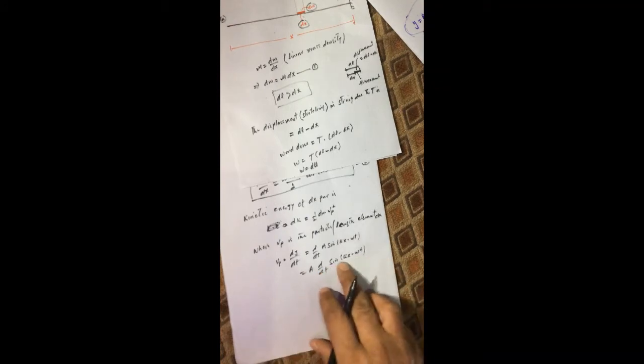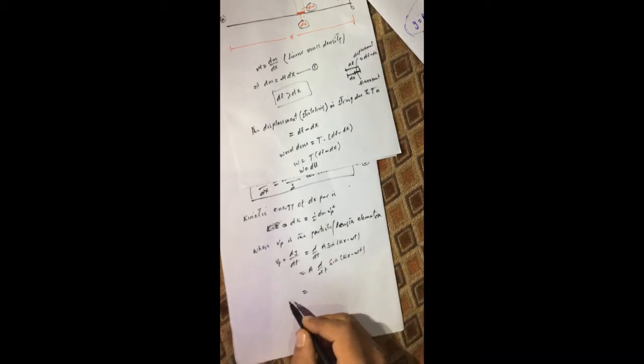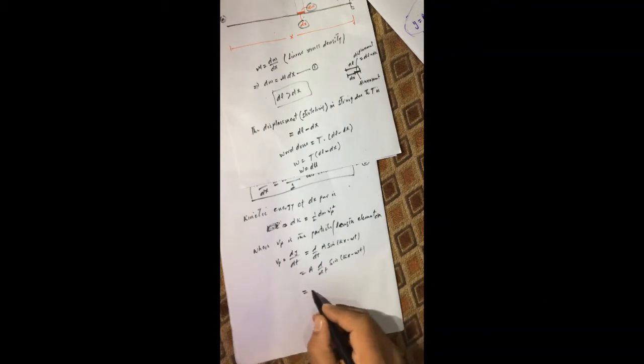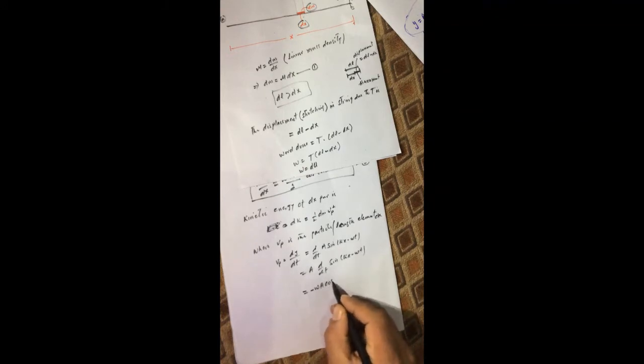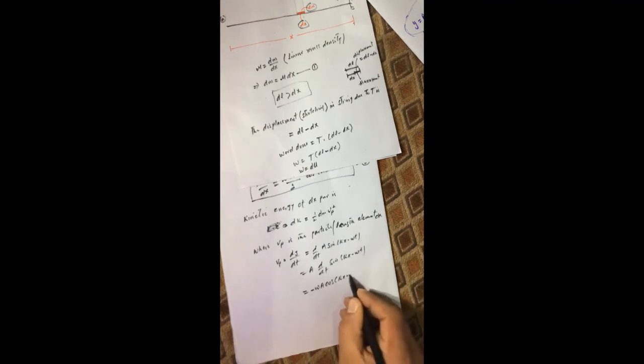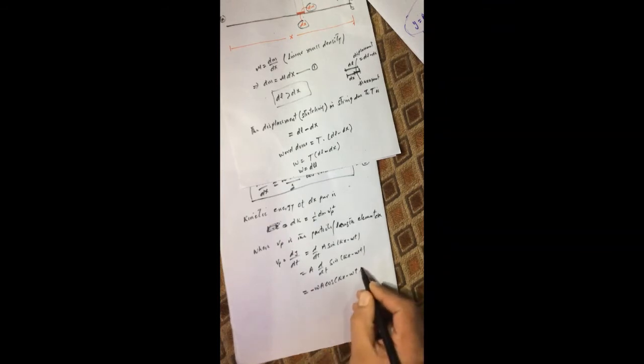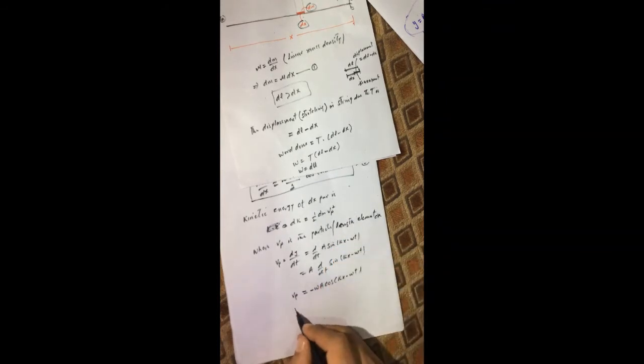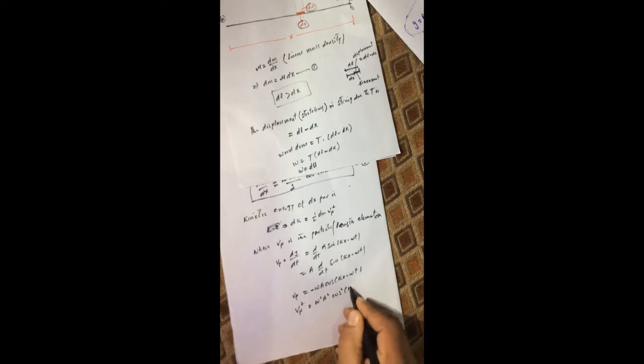If we take the derivative with respect to t of this function, we get minus omega, and then we have a into cos kx minus omega t. This is vp, and here we have vp square, so vp square will be omega square a square cos square kx minus omega t.